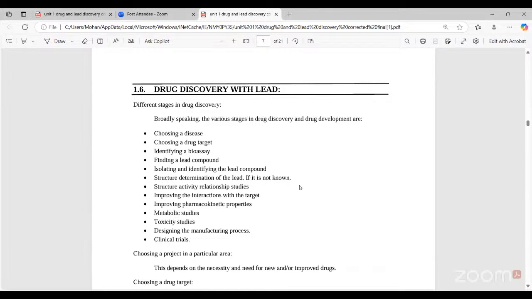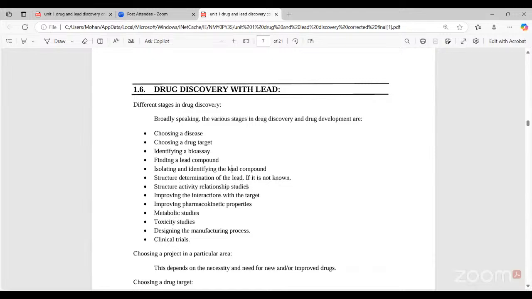Then structural determination of the lead: if the structure is known, it is easy to go ahead. If the structure is not known, you have to determine it by various methods like spectral methods and chemical methods.